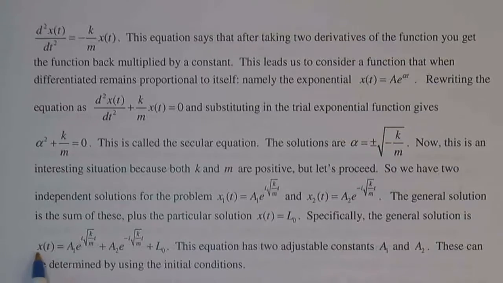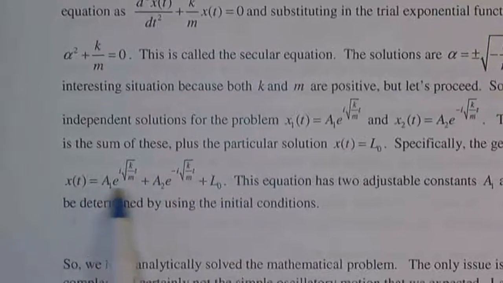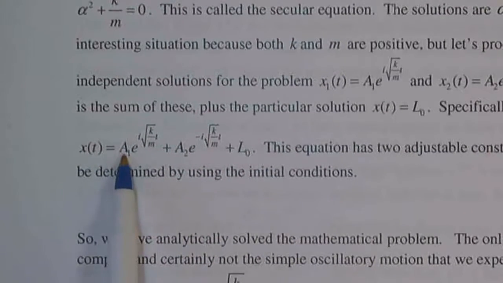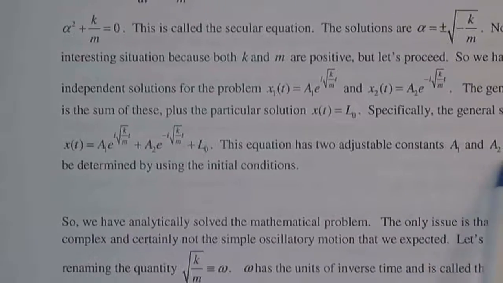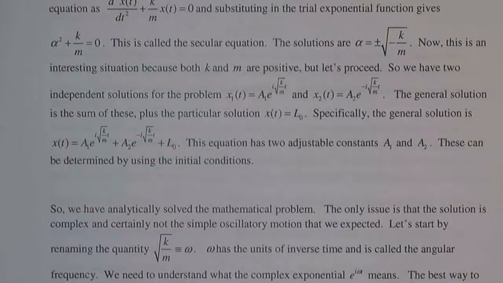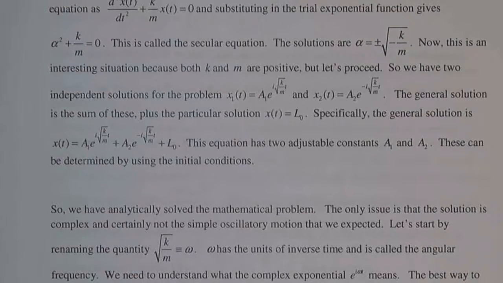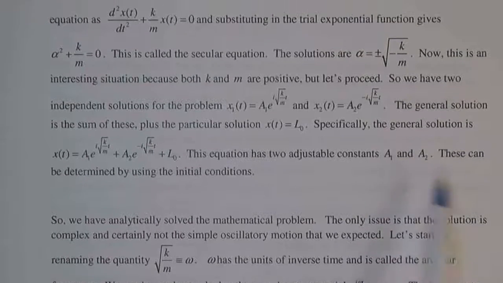So my general solution to the differential equation is an arbitrary constant a1 times e to the i, square root of k over m t, plus another arbitrary constant a2 times e to the minus i, square root of k over m t, plus L0. These two constants can be found by the initial conditions, such as the initial position and the initial velocity or initial momentum, which will allow us to find what these are.